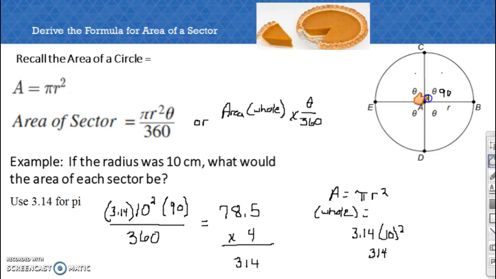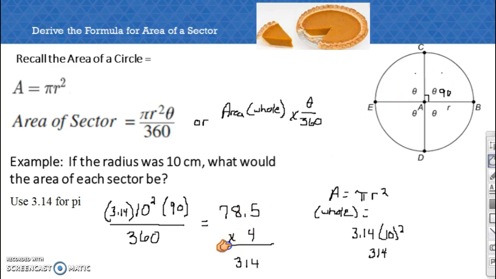If I plug into my formula, pi as 3.14, my radius is 10 squared, times 90, the measure of the angle, and then divide by 360. You can just put all this in your calculator: 3.14 times 10 times 10 times 90, divide by 360, and you should get 78.5. So the area of each of these pieces is 78.5.